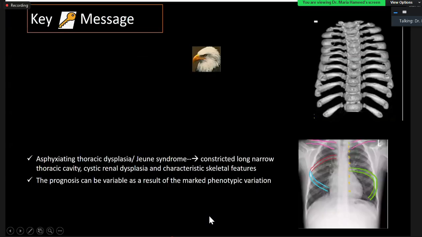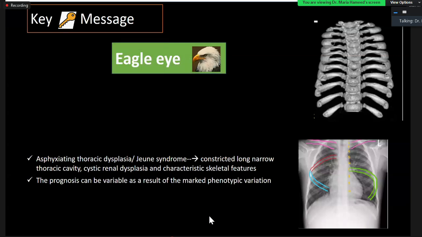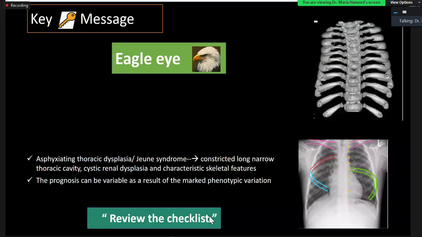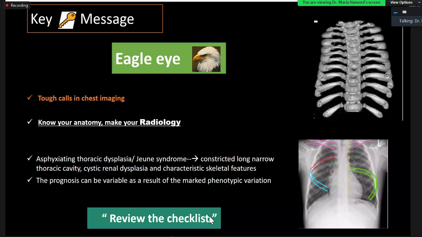So the key message on this particular case is that always look for the bones and keep them in your checklist. And for that, you need an eagle eye and tough calls in the chest imaging. Know your anatomy, make your radiology. So always have a second look at the bones.